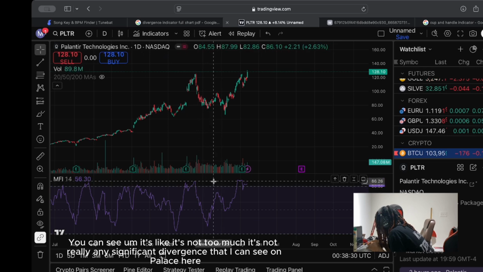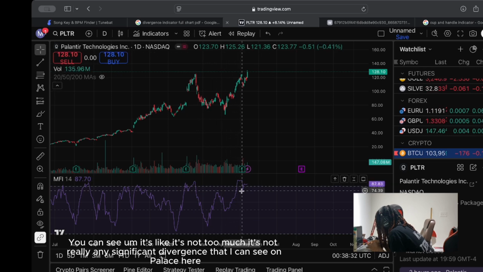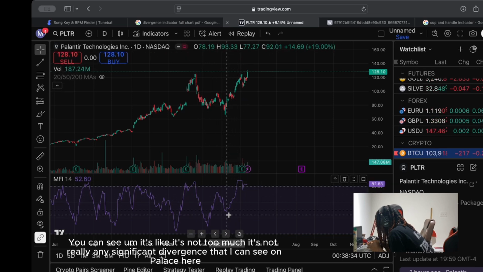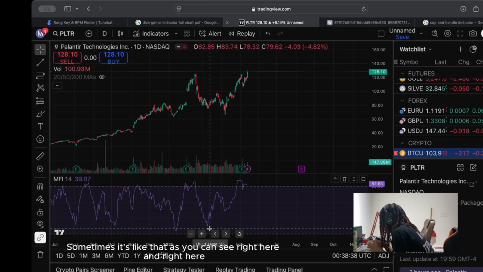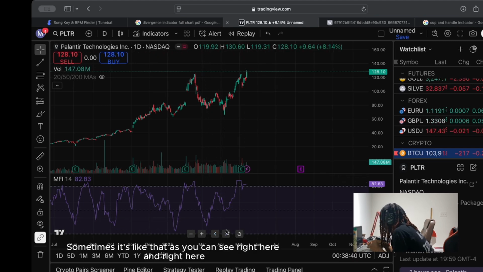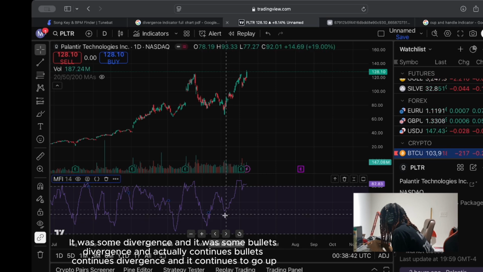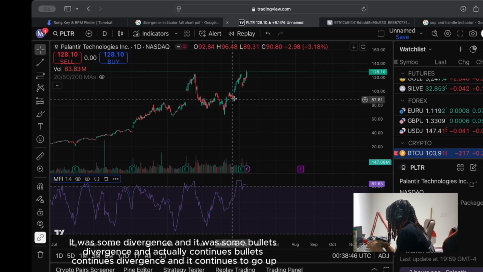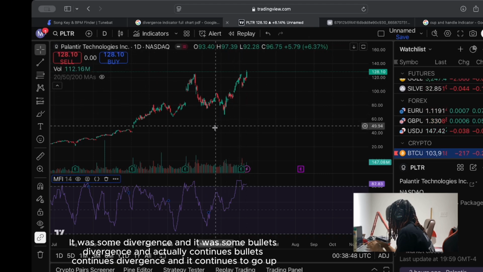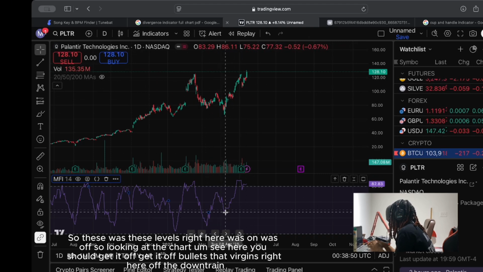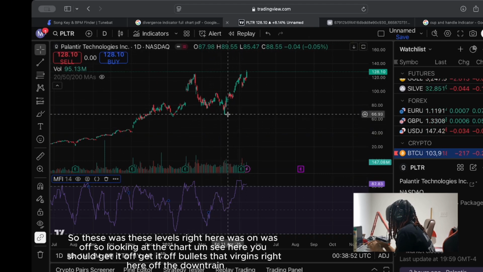You can see it's not really any significant divergence that I can see on Palantir. Sometimes it's like that. As you can see right here and right here, there was some bullish divergence, actually bullish continuous divergence, and it continued to go up. So these levels right here were off.